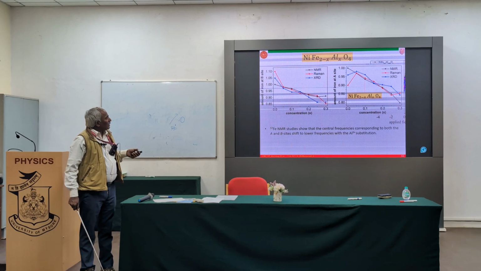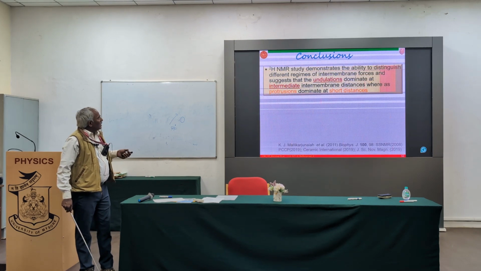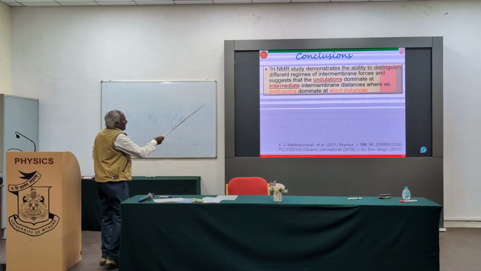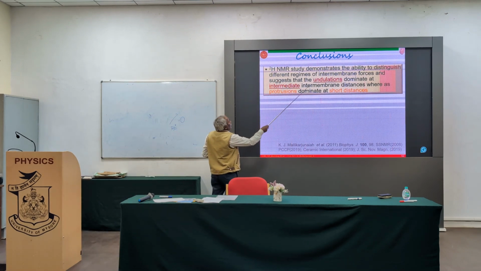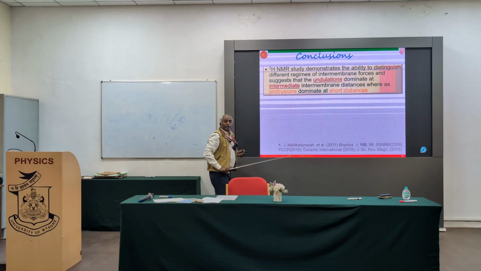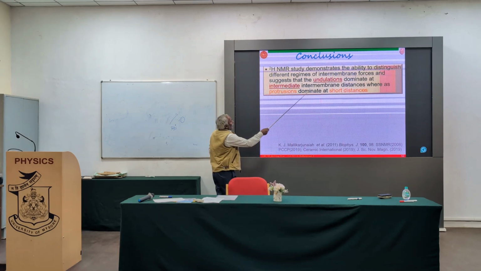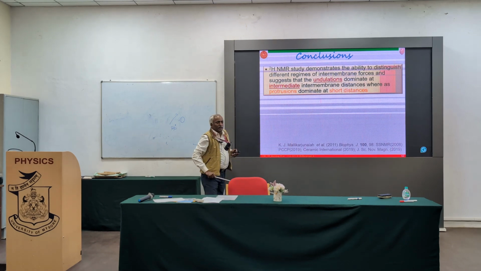Whatever the details, I think the conclusions are from the morning session. From NMR, I can distinguish undulations, at what point they dominate, and at what point I will have protrusion forces.